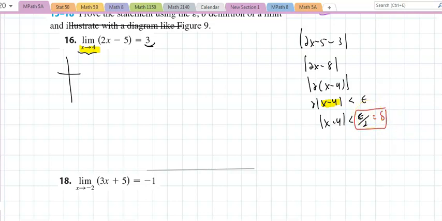So, for example, just the last example I'm going to do, if I want it to be away from this by 0.008, according to what I just found, take 0.008 divided by 2, that's 0.004.